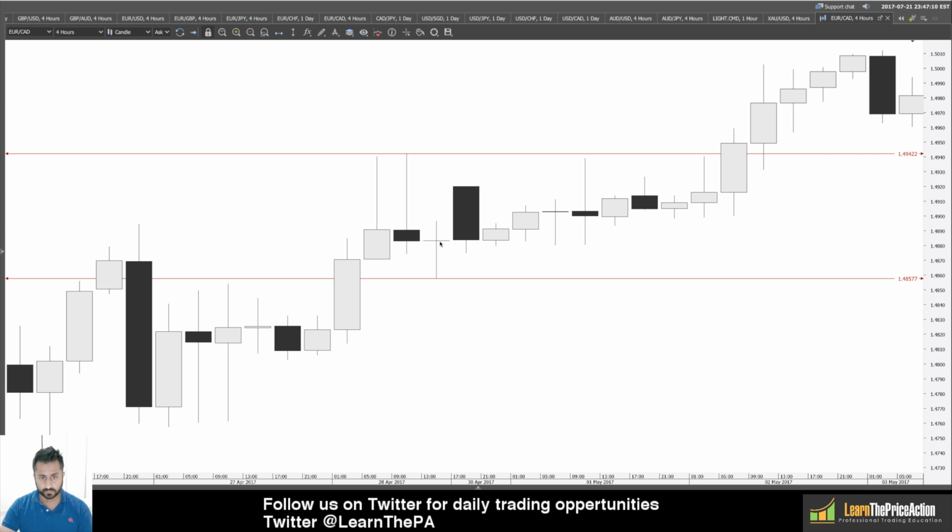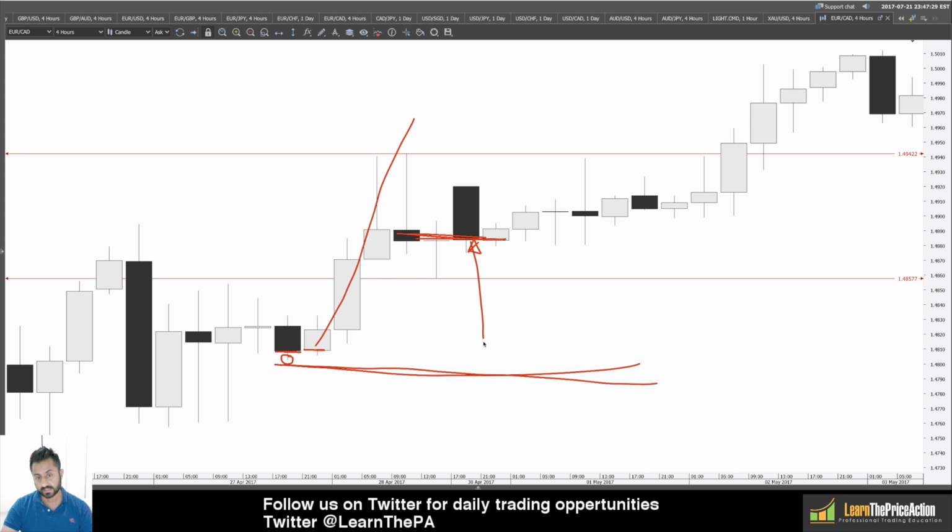Because that's your last opening price, sorry, the opening price before this breach happened. So that's going to be your stop loss, and that's going to be your entry position, and that's going to be your risk.